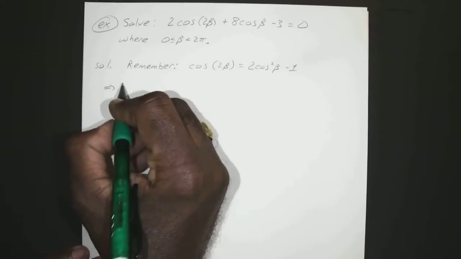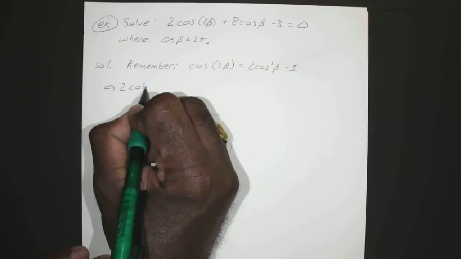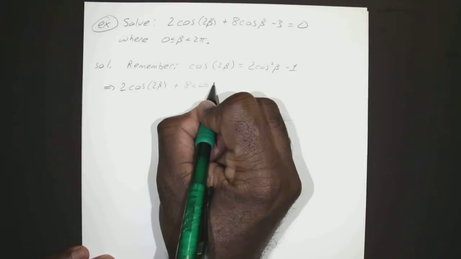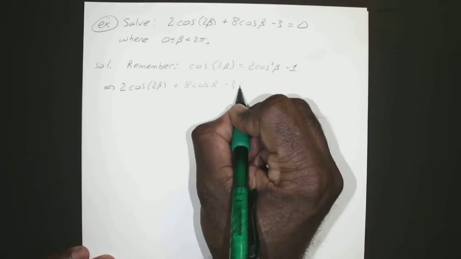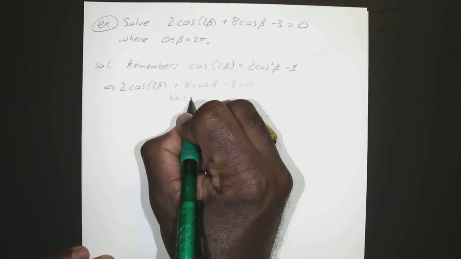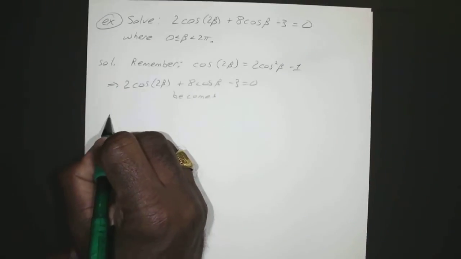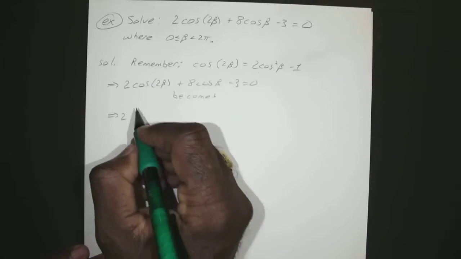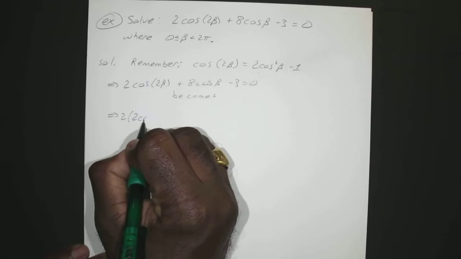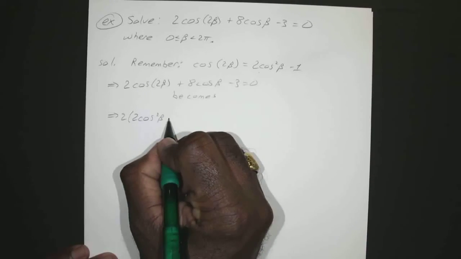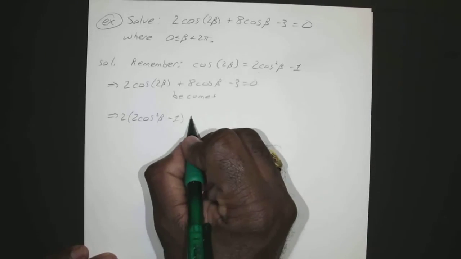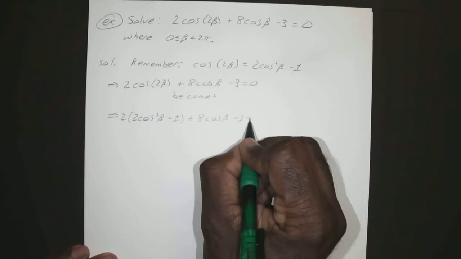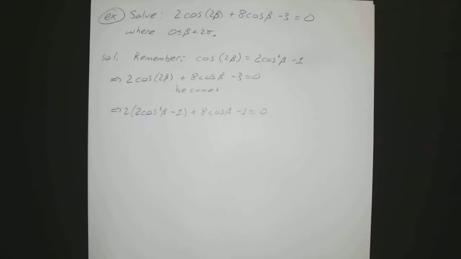So that means our 2 cosine of 2 beta plus 8 cosine of beta minus 3 equals 0 becomes 2 times (2 cosine squared beta minus 1) plus 8 cosine of beta minus 3 equals 0.